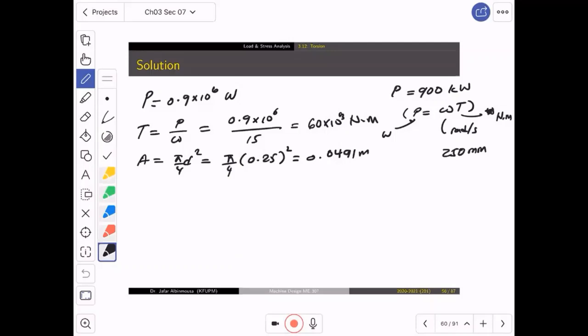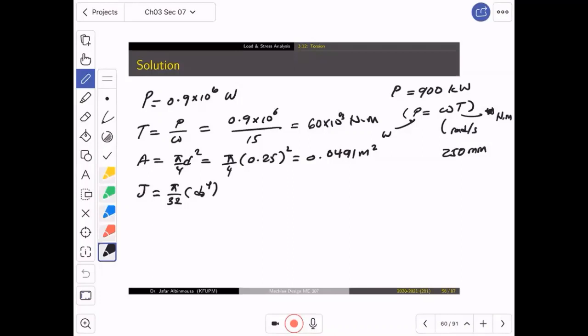0.0491 meter square. The J, which is the polar moment of inertia, moment of area, I mean, this is pi over 32 d0 to the power 4.